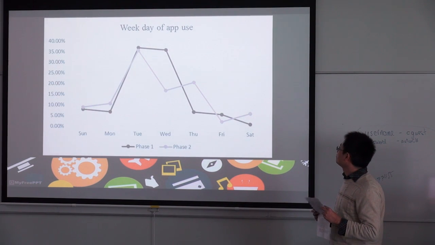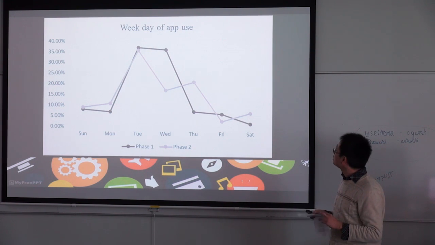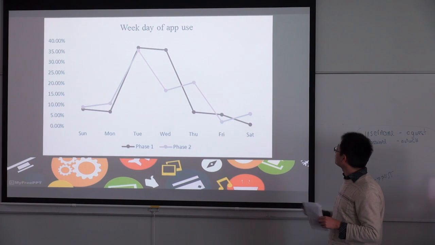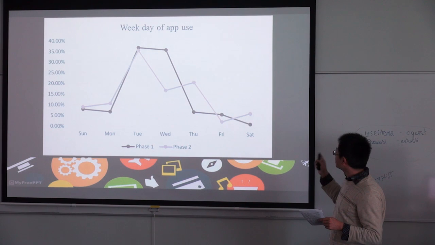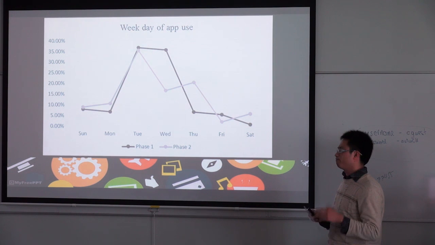And also, we can see some convergent trends in terms of the time of app use. For example, here, the darker line stands for phase 1, and the lighter one represents phase 2. We can see that in the middle of the week, especially on Tuesday, it was a good time for intensive learning.